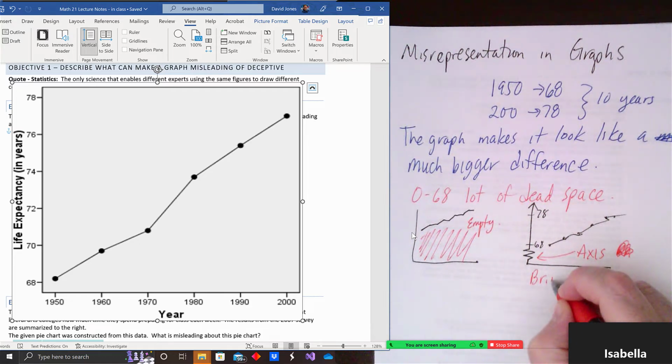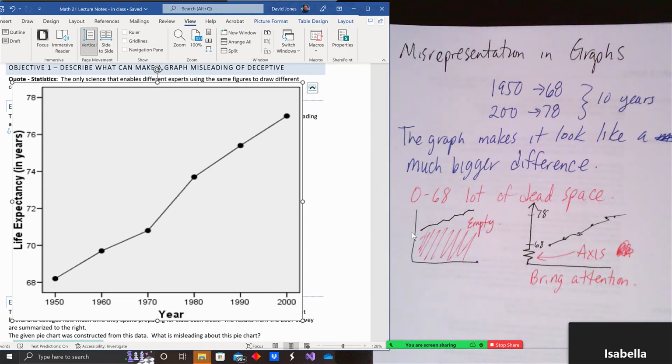It makes you look and ask, okay, where is this starting? It's not starting at 0. It's starting at 68. Okay, I can keep that in mind while I'm looking at it. Whereas you may not have looked at the scale and just looked at the height at first. So that's one way of dealing with stuff like that.